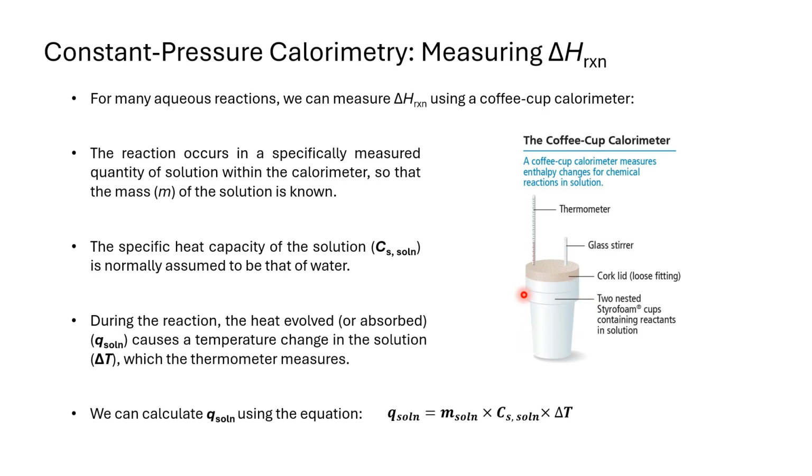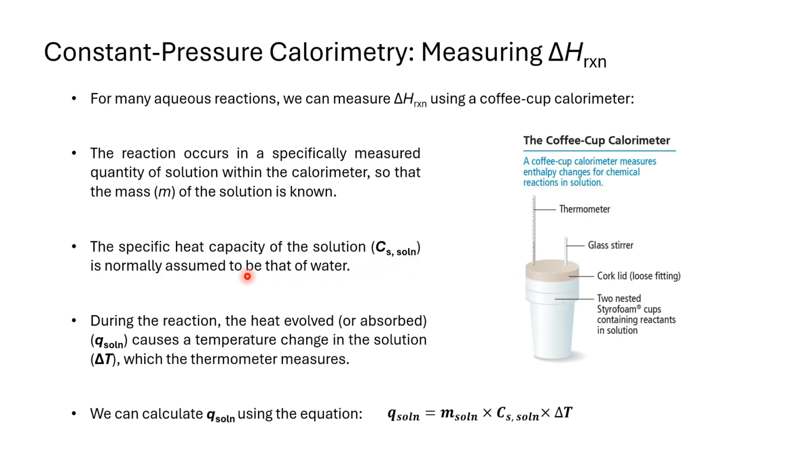You put a solution in there and you have something reacting that's causing a change in temperature of the water that is part of the solution. So for one, you would need to know the mass of the solution.